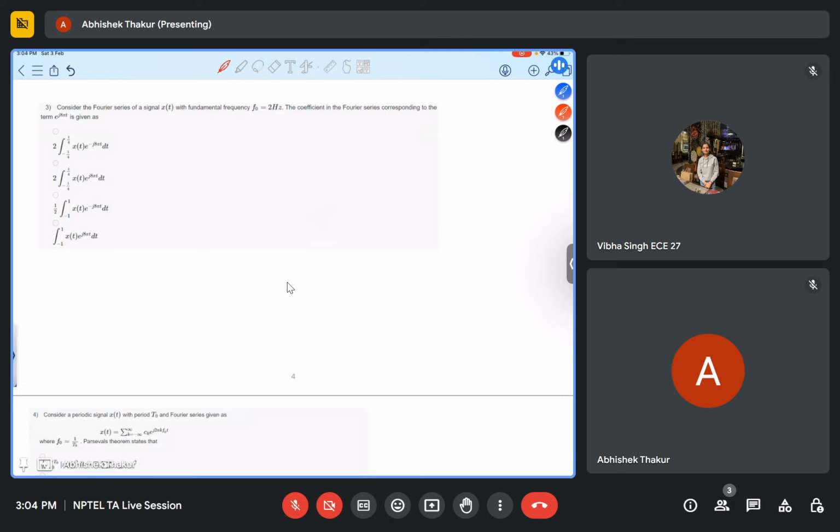So in this question, consider the Fourier series of a signal x of t with fundamental frequency f naught equal to 2 hertz. It is given. The coefficient in Fourier series corresponding to the term e to the power of j 8 pi t.